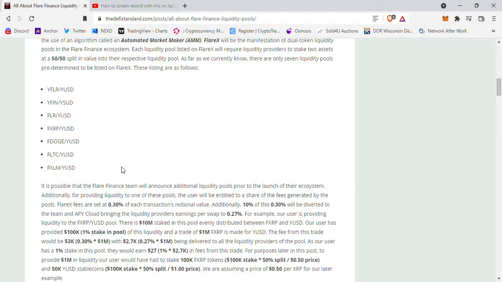And then additionally, 10% of this 0.3% will be diverted to the team just for them to manage things and keep things running. So that means we will be earning 0.27% on every single transaction fee that occurs within this.